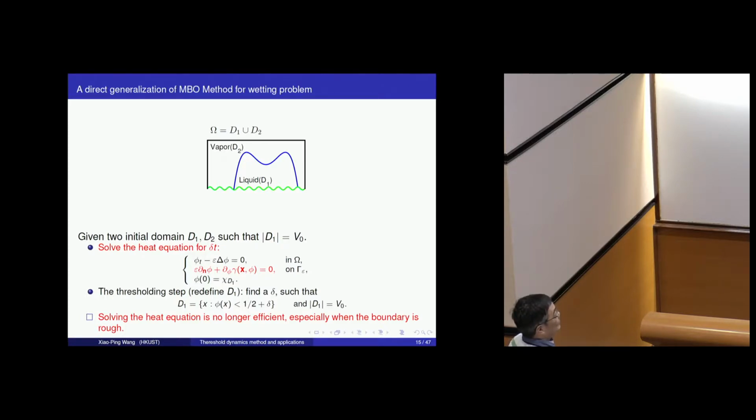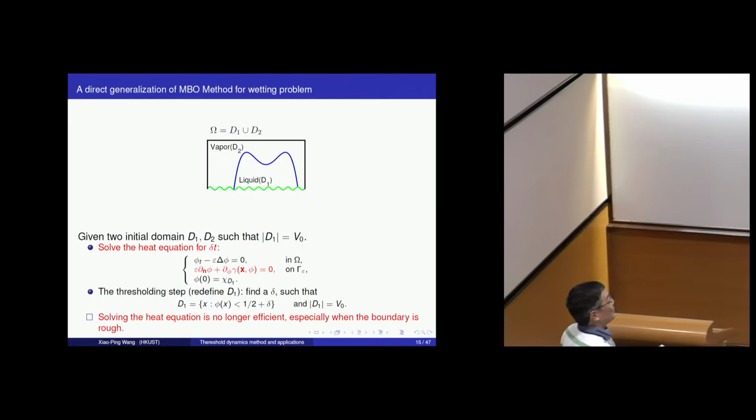Again, split the problem into 2 steps. The first step is a heat equation, but now you need to solve the heat equation on the bounded domain with a boundary, and the boundary can be rough, with also this boundary condition, the wetting boundary condition.